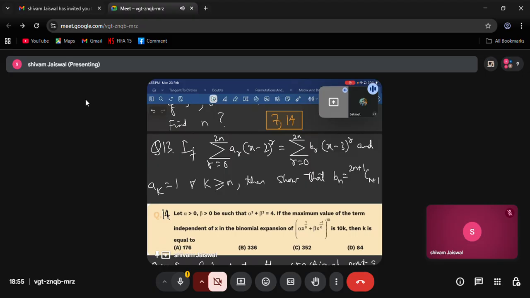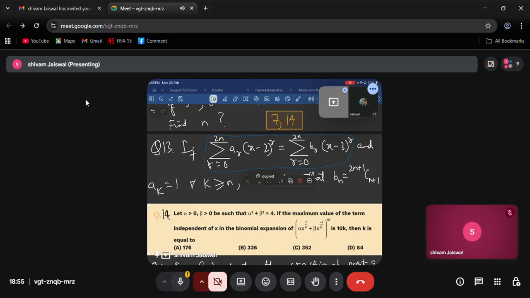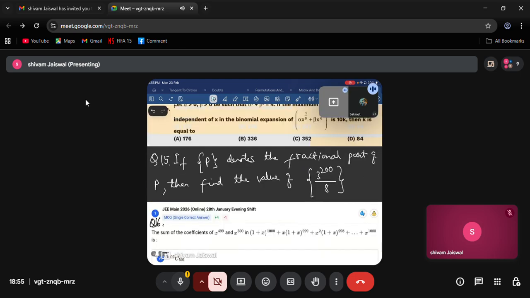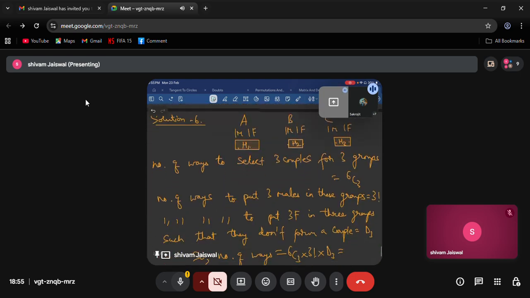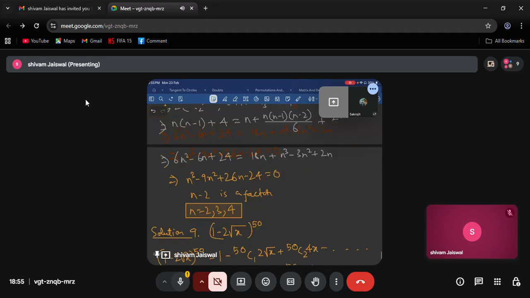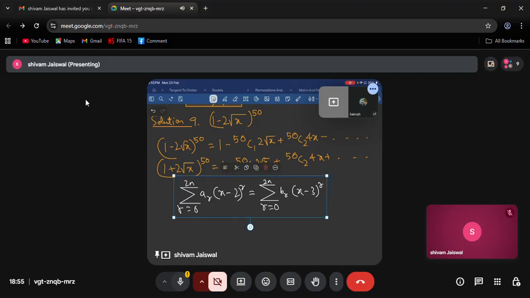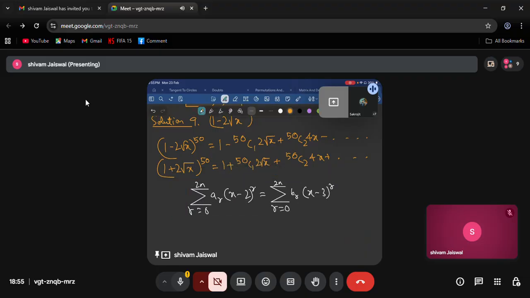It is given summation of r equal to 0 to 2n, ar into x minus 2 whole to the power r, equal to summation of r equal to 0 to 2n, br into x minus 3 whole to the power r. Okay, let us start. So let us expand.